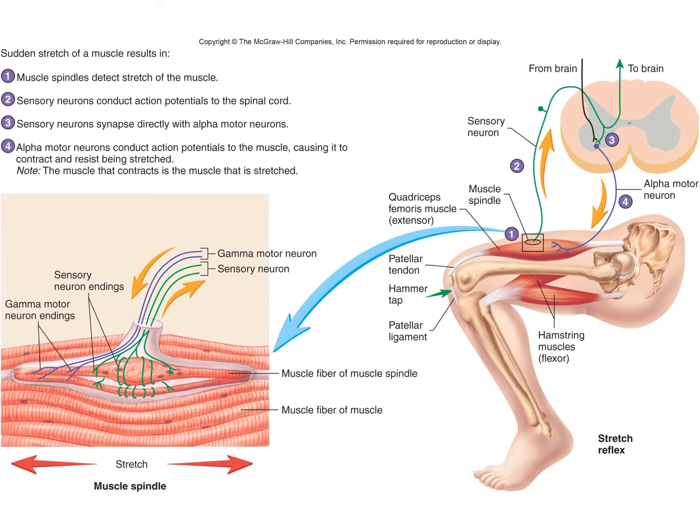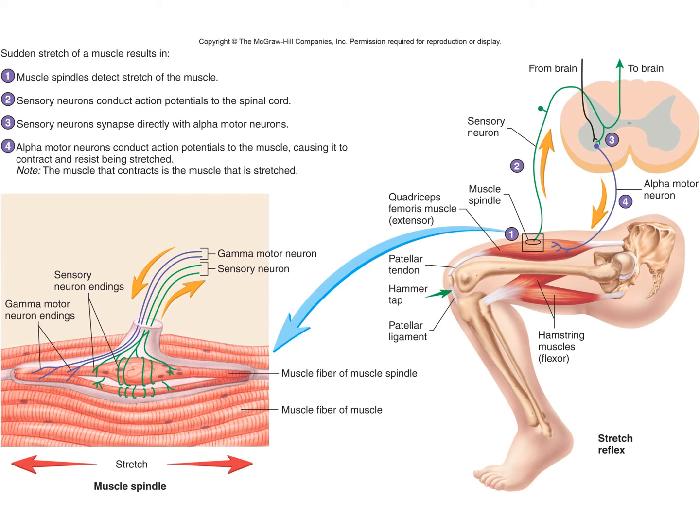If you tap with a rubber hammer on the patellar ligament just below the kneecap, by tapping at that spot, what you're doing is pushing in on the patellar ligament, which pulls on the patellar tendon, which then pulls on the quadriceps muscle. You're stretching the quadriceps muscle.